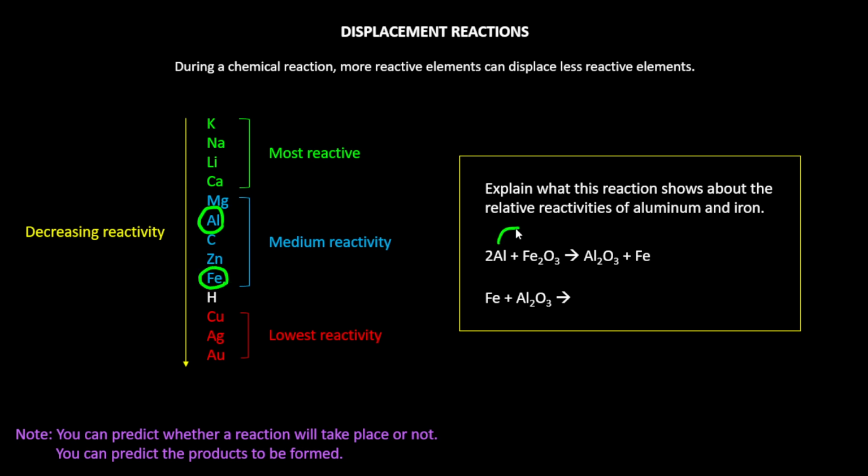So aluminum is able to displace iron from iron 3 oxide, okay, to form aluminum oxide. But if the equation is the other way around, there will not be a reaction, because iron is not going to displace aluminum from aluminum oxide, because iron is lower than aluminum in the reactivity series.